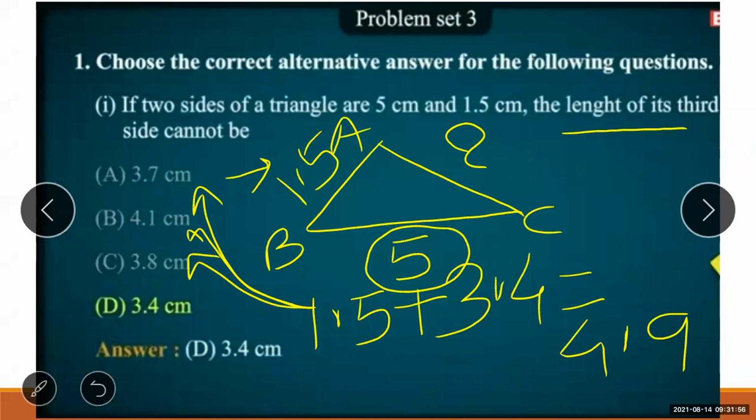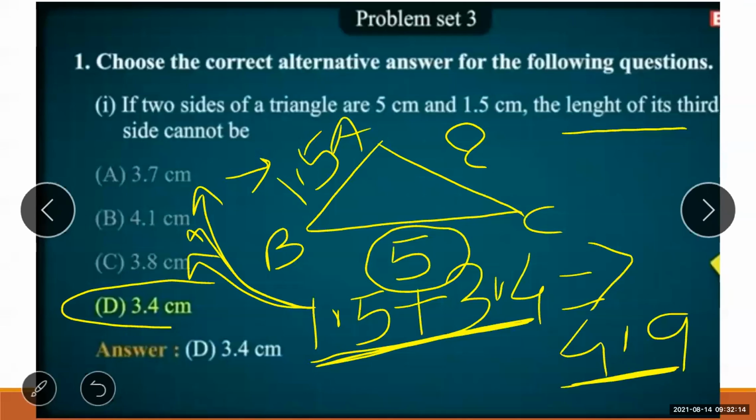As per the rule, the sum of two sides should be greater than the third side. The total is 4.9, which is not greater than 5. So the right answer is 3.4 here, that is the correct choice.